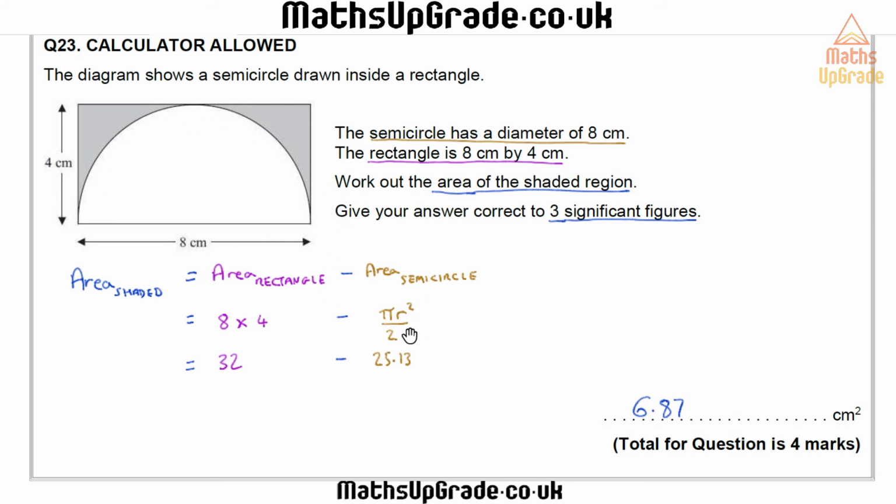I divide it by 2, and I use the radius of 4. Then I get 25.13. Now, when I subtract those through, I get 6.87 centimeters squared. That would be 4 marks for that question.